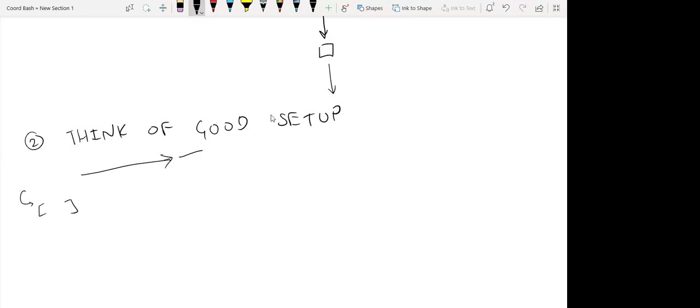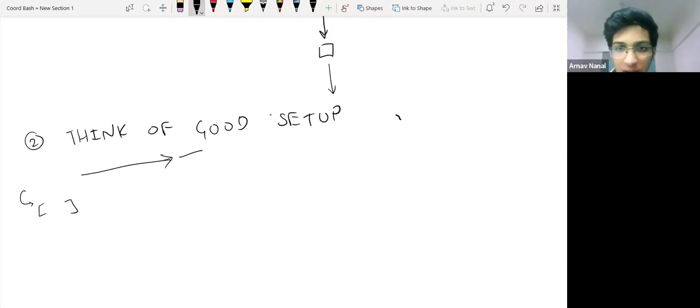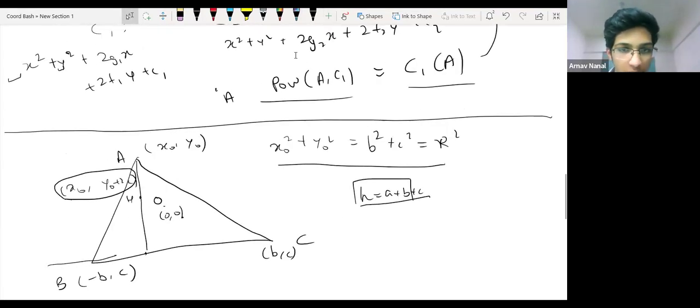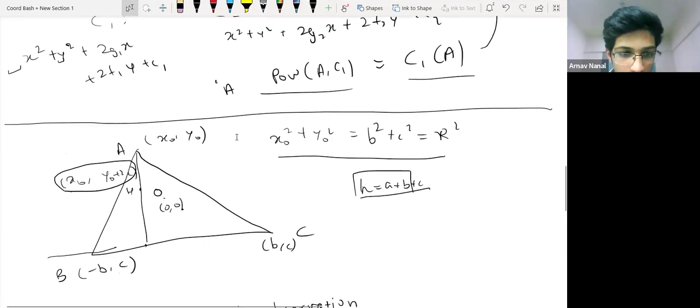So you will get the meaning of a good setup. In a problem, just like we did here, you set up the coordinate axes, right? Here we did it with the circumcenter as the origin and BC parallel to the x-axis and so on. I like to mark it in a different color. So these are your coordinate axes.